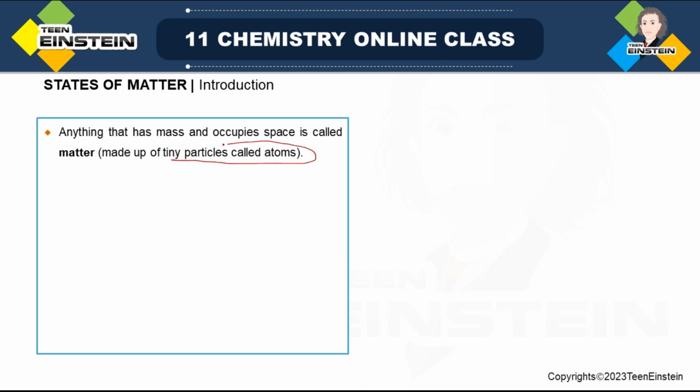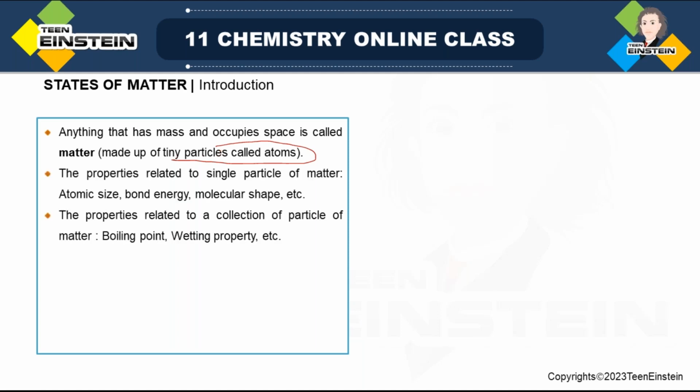These tiny particles, the smallest particles possible, we call atoms. Fine. So anything that has mass and occupies some space is matter, and it is constituted of tiny particles, and these tiny particles are atoms. So we already have this knowledge from lower class, right?